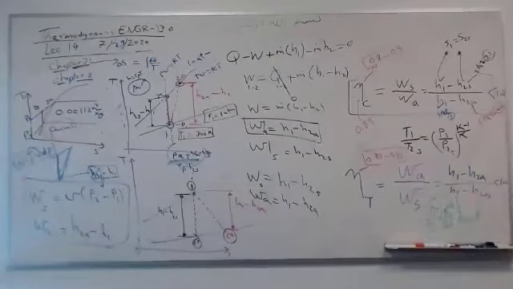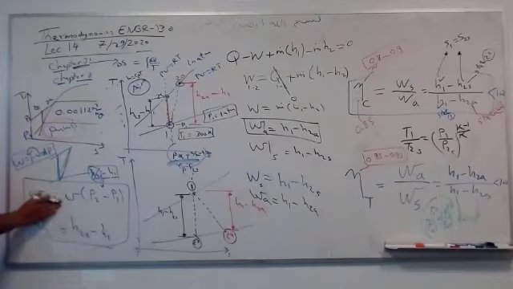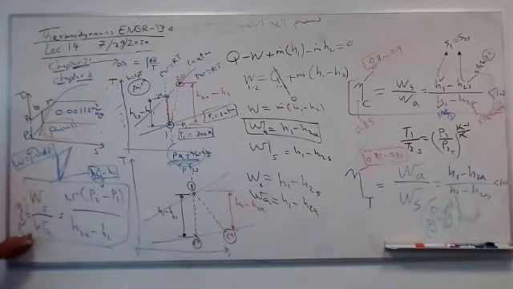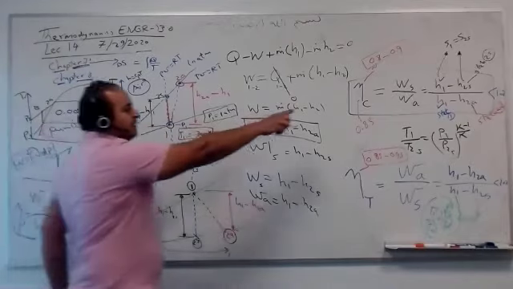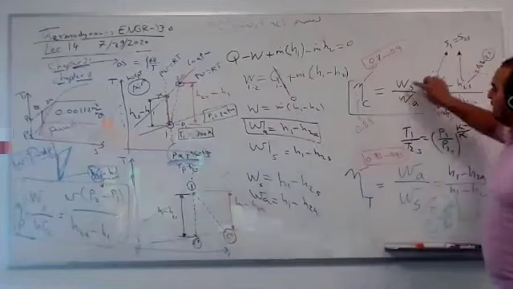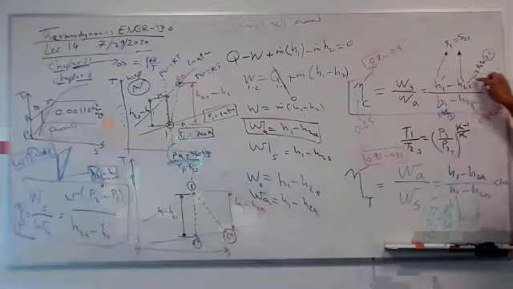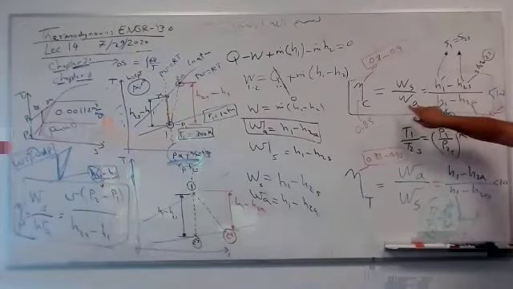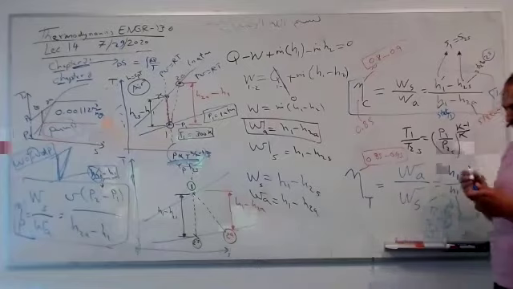So what is the eta pump? Can somebody tell what the eta pump is? The same as compressor. You can say this over this equals eta pump. So eta pump is WS over WA. WS is VdP, over WA, which is H2A minus H1.